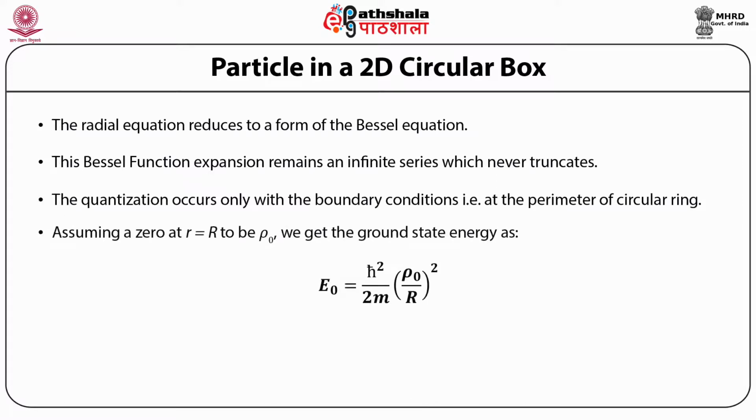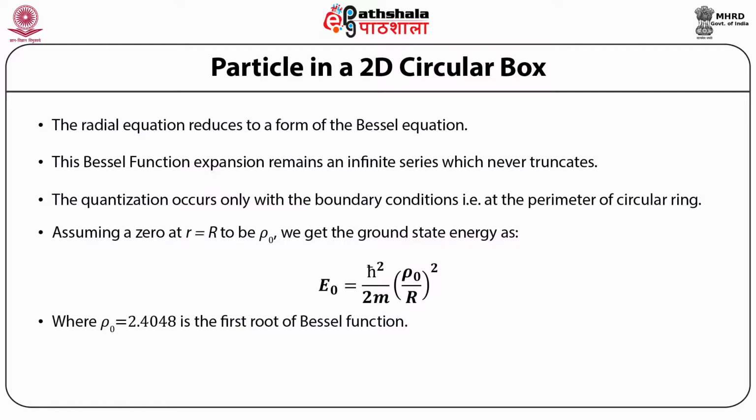So, assuming a0 at small r equal to capital R to be rho naught, then we get the ground state energy as E naught is equal to h cut square by 2m multiplied by rho naught by R the whole square, where rho naught is equal to R, the capital R, by k, which is equal to R divided by root of 1 by epsilon, where epsilon is equal to 2mE by h cut square.